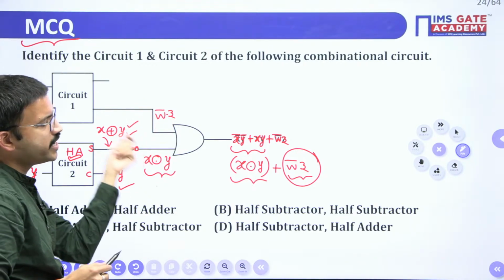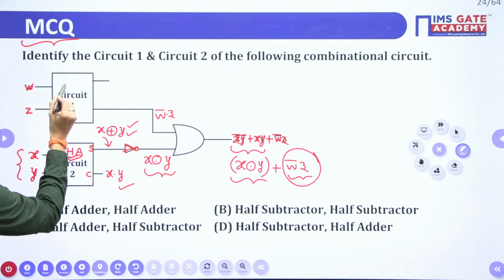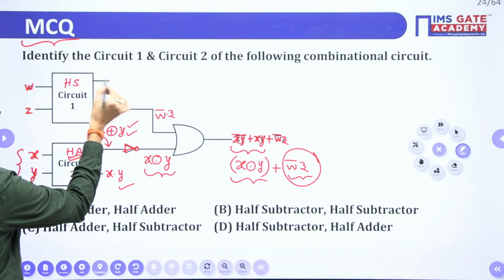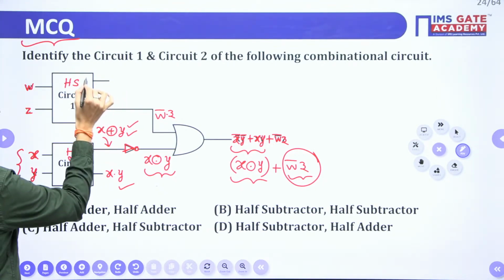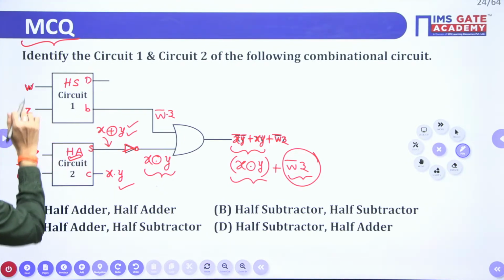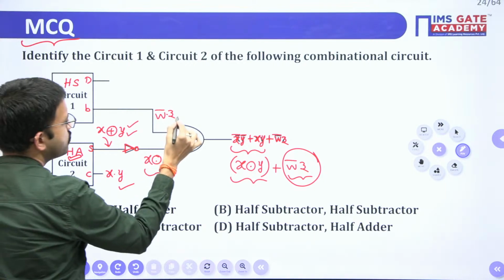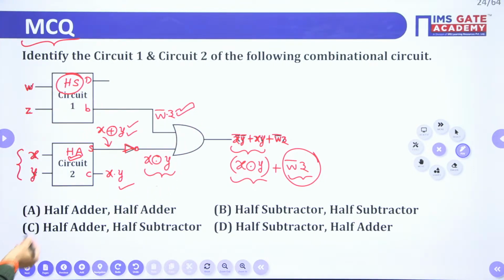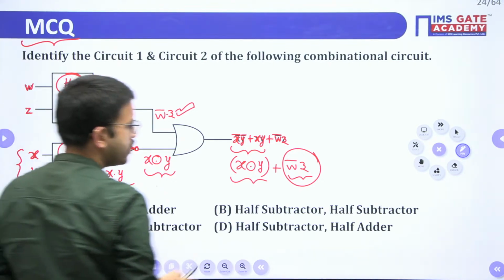Regarding this one you will get only in the half subtractor. So this is your half subtractor, this is your difference, and this is your borrow. Regarding borrow you will get W bar Z. So this circuit is half subtractor and this circuit is half adder. So half subtractor and half adder.